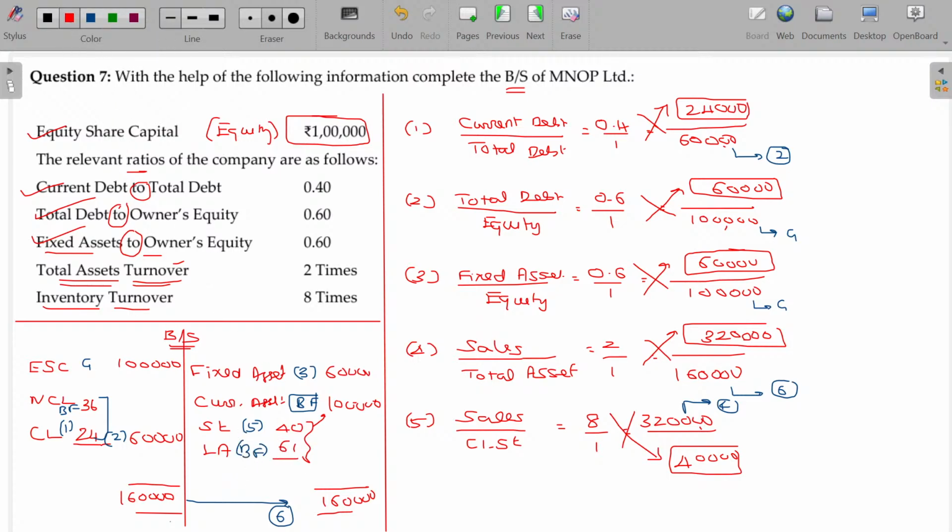Liquid assets should be 60,000. Is that clear? I cannot break the 60 further. If I am able to break further, you can break. Maximum we will try to break all the 6 into smaller elements so that you will be able to score better marks. Clear?